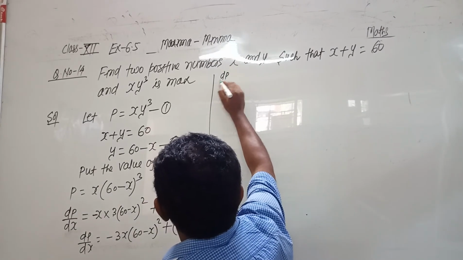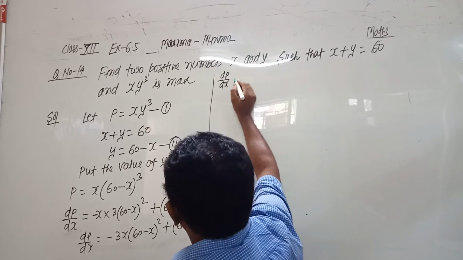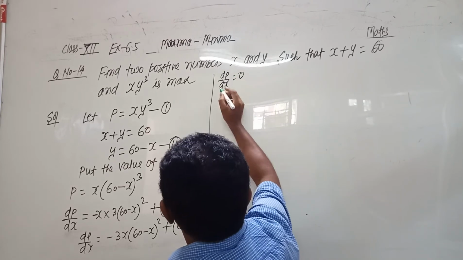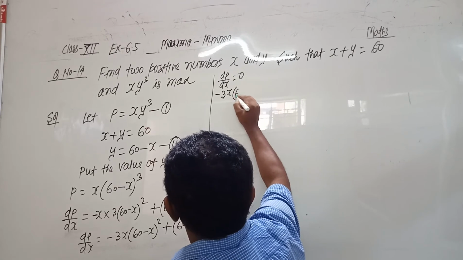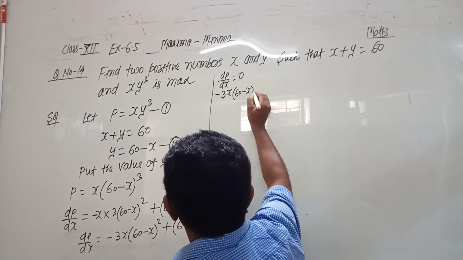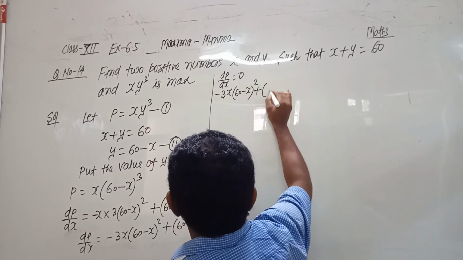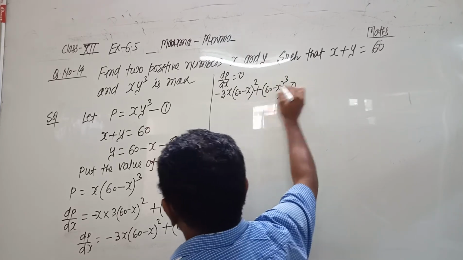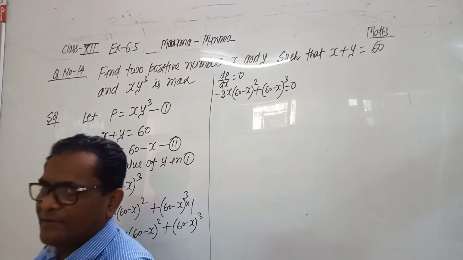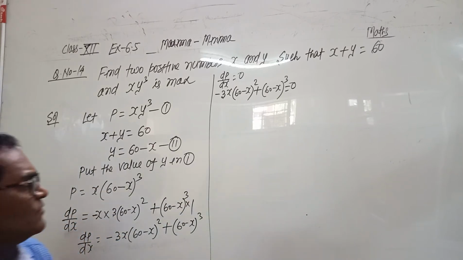So dP by dx equals 0, and we have to find the value of x.